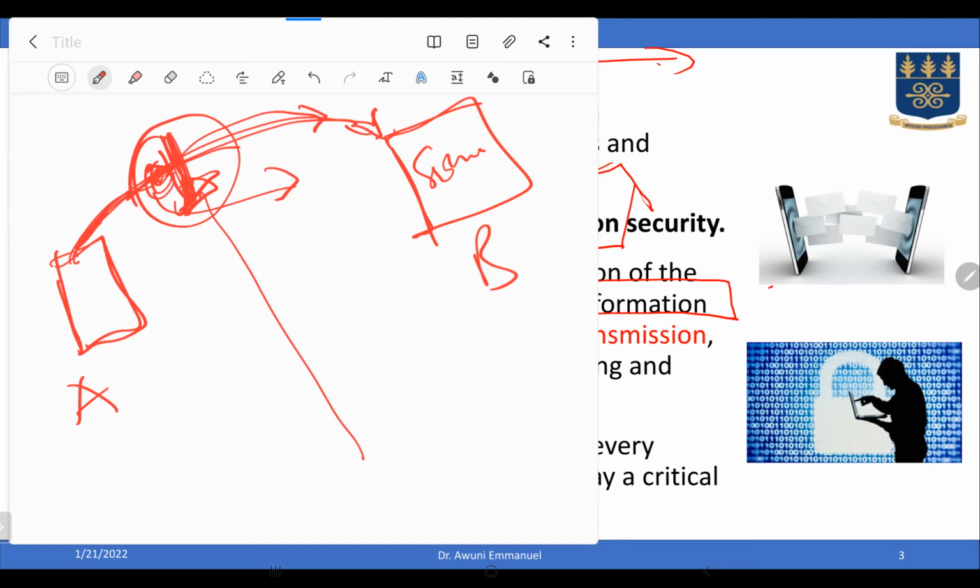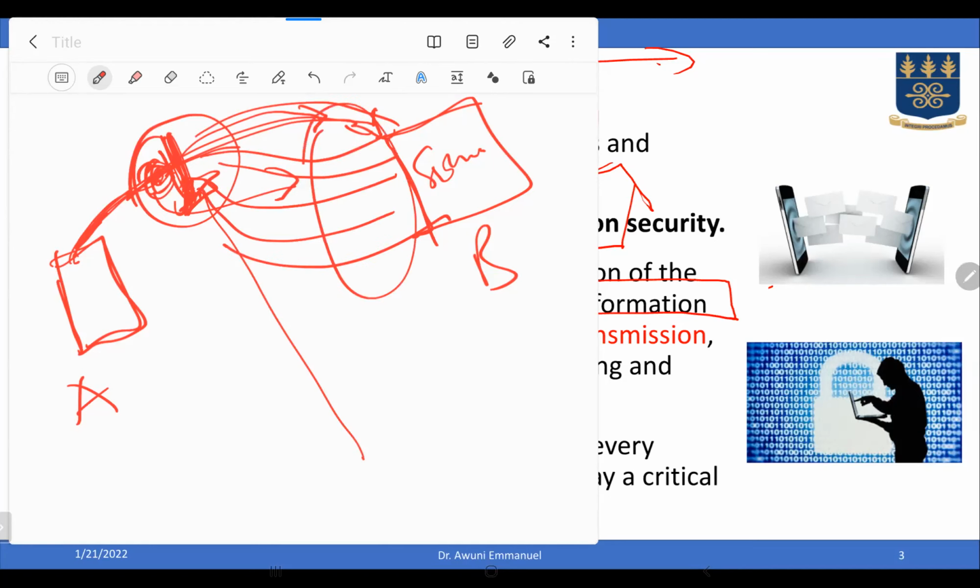Another thing is, if it's a denial of service attack, he can pick the information and duplicate it and then send different information to this system just to make the traffic overloaded. In this case, legitimate users are not able to access the system. But in your case, I think that there has been an interception blocking the data from here to this side.